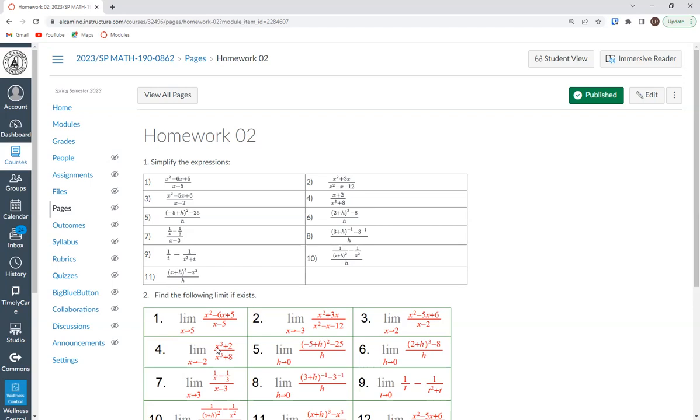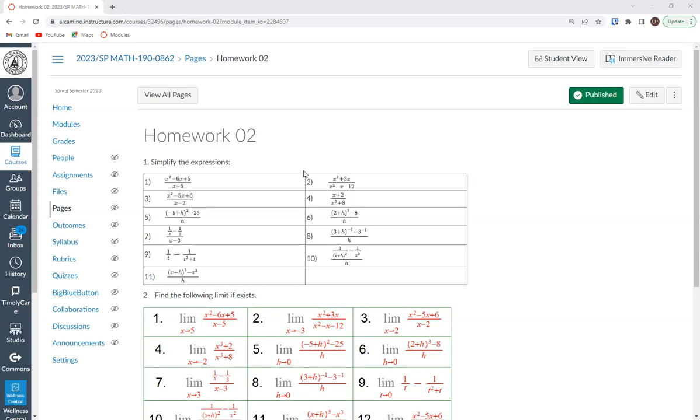Forgive me, I'm going to make that correction after the recorded lecture. So we're going to take the limit as x approaches -2 of the function x plus 2 over x to the power 3 plus 8.